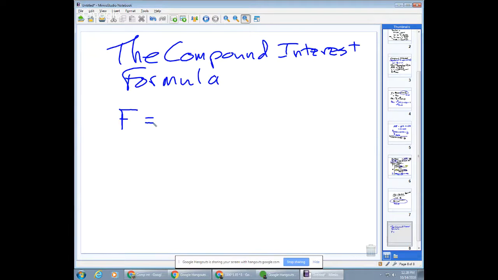And to calculate the future value, you take P, your present value. I'll define all these in a minute. We'll just put the formula down for now. And I multiply by parentheses 1. Now, usually it's 1 plus the rate, but we might be breaking that rate up over a bunch of times during the year. Like I could divide by 12 for monthly or 4 for quarterly.